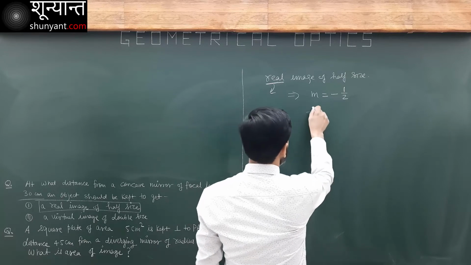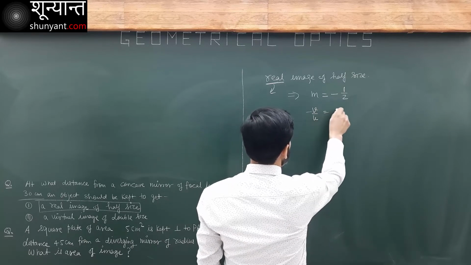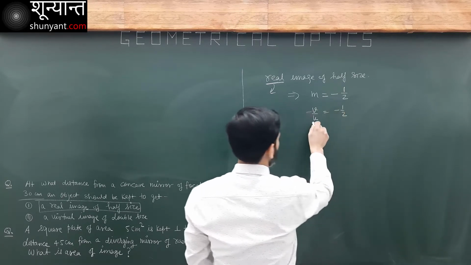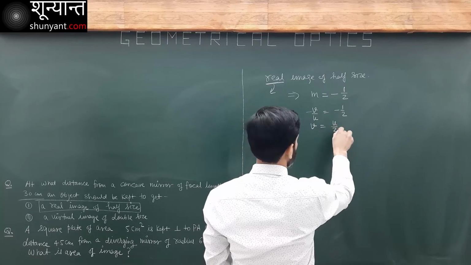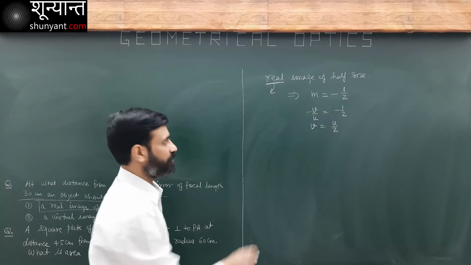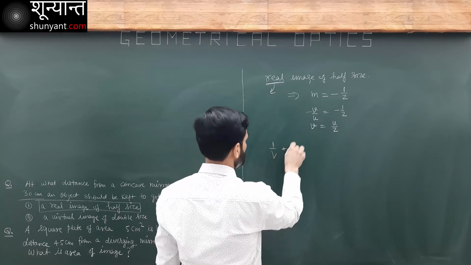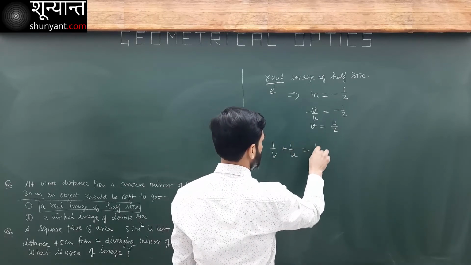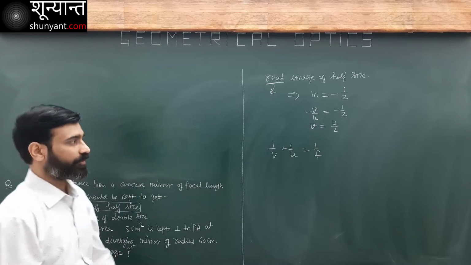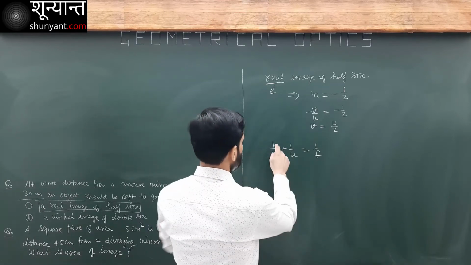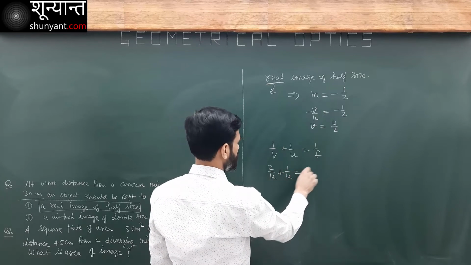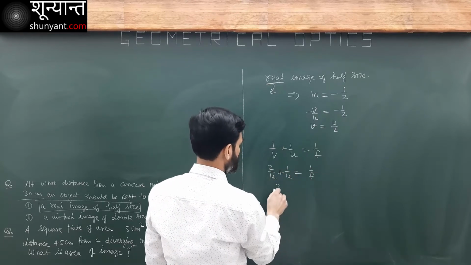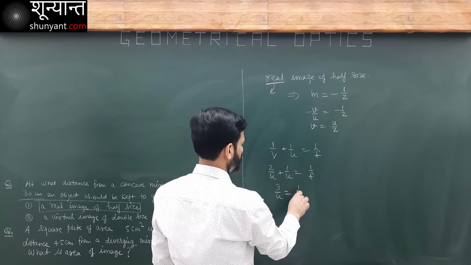Magnification is minus v over u, which is equal to minus 1 over 2. So what is v? It is going to be equal to u over 2. Now the mirror formula, 1 over v plus 1 over u is equal to 1 over f. What is 1 over v? It will be 2 over u plus 1 over u is 1 over f. 3 over u is 1 over f.